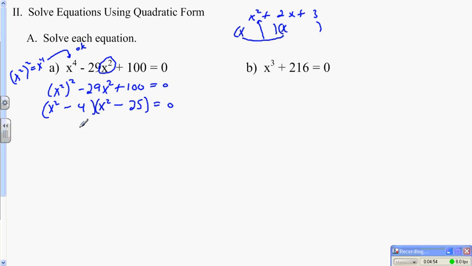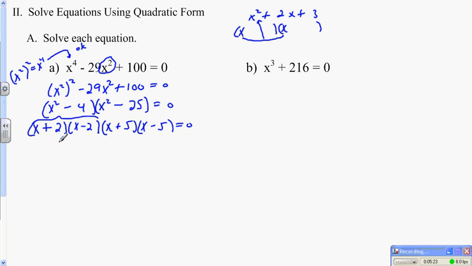And what happens here is we have factorable expressions again. First one is x plus 2, x minus 2. The next one is x plus 5, x minus 5.